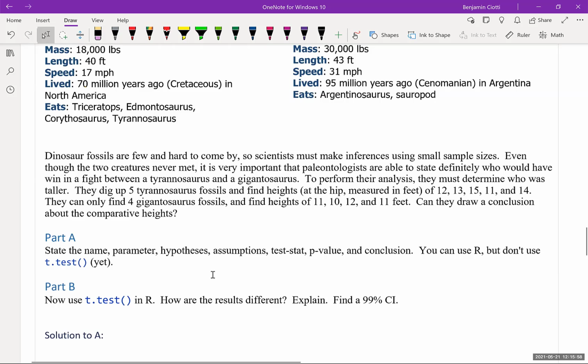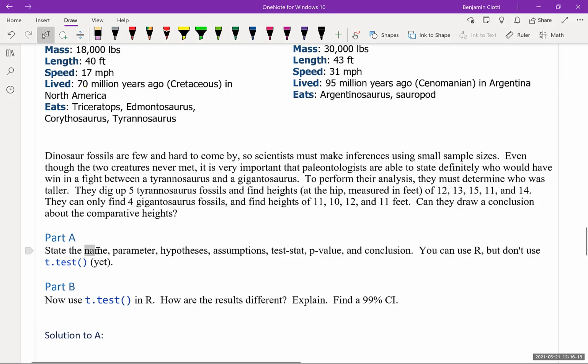I'm going to split you into groups for 5 minutes, and I want you to write your answers to A and B on the Jamboard, which I'll give you a link to in a second. Do it with your group. Explain it to your group if they're having trouble.